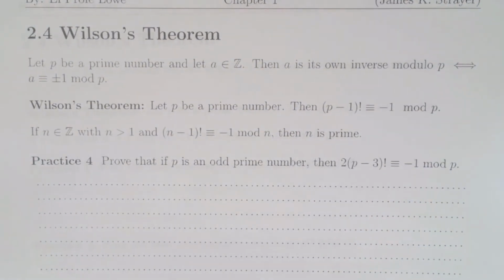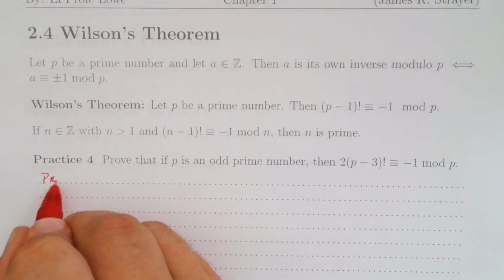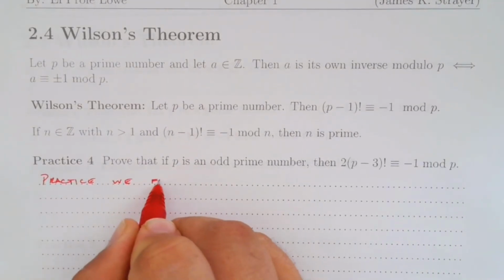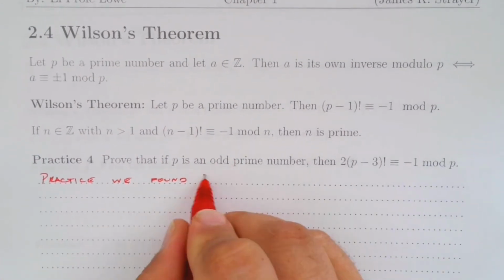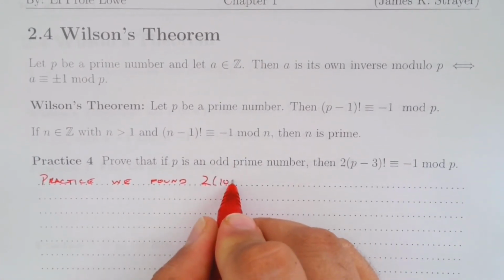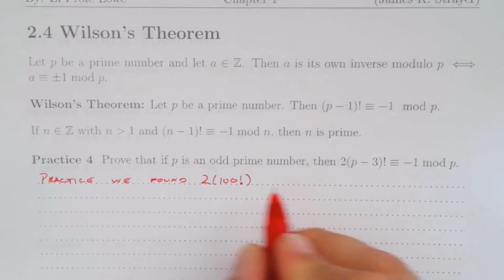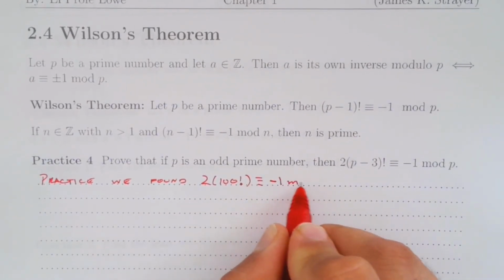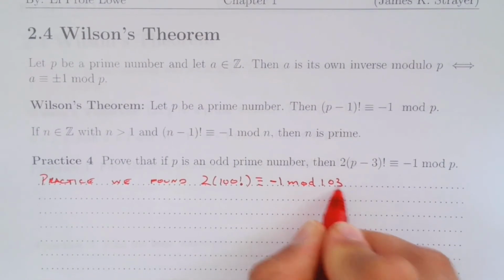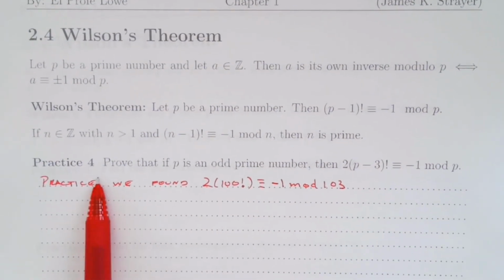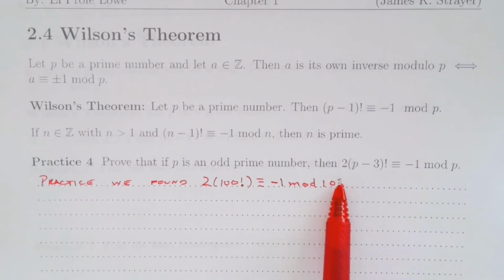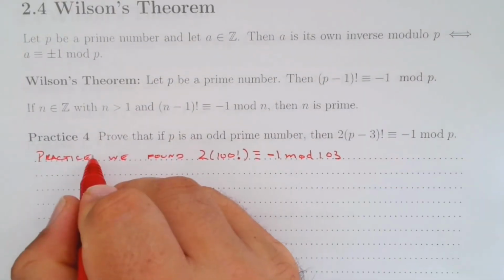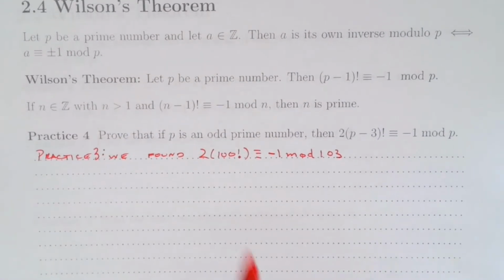Now, previously, in practice 3, we found that 2 times 100 factorial was equivalent to negative 1 mod 103. So that was a particular instance of this more general situation.